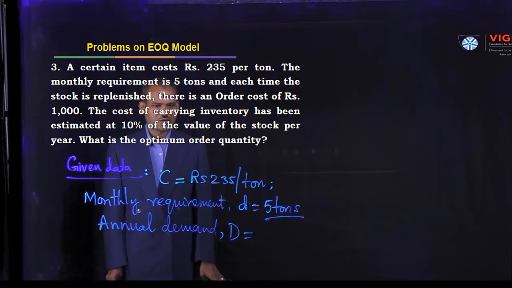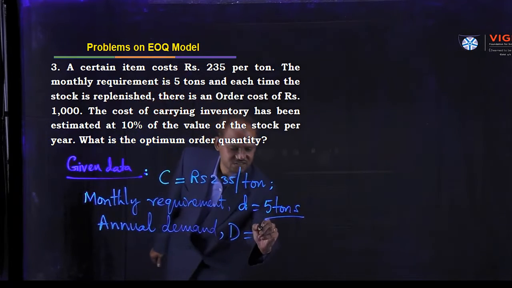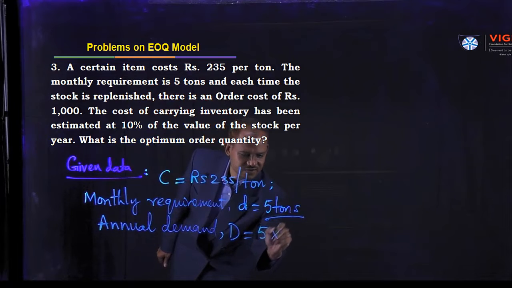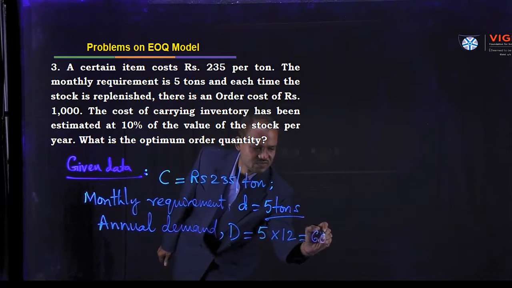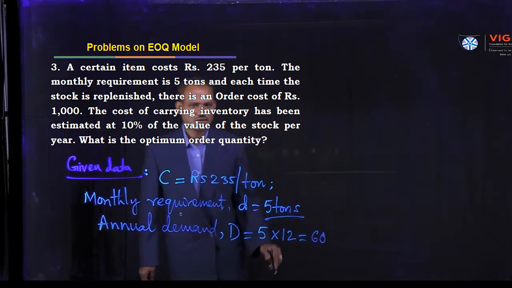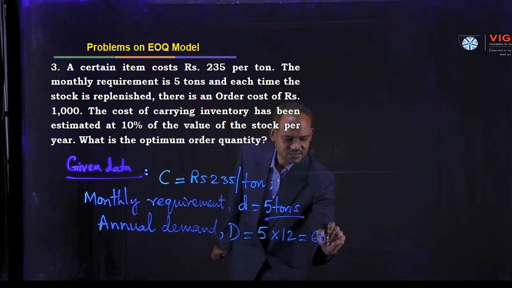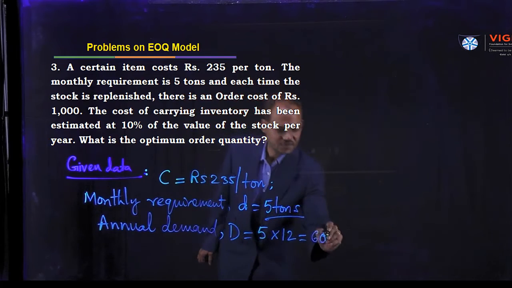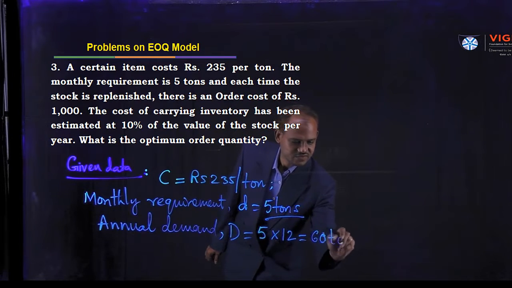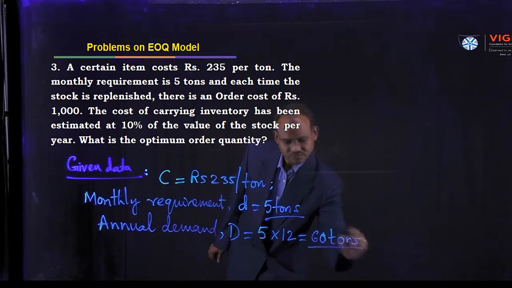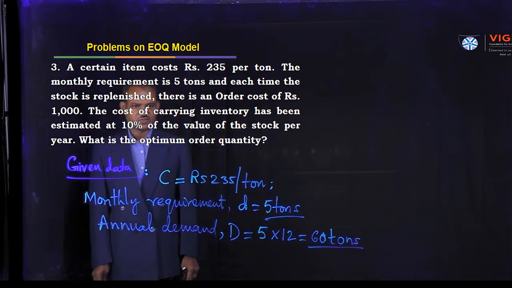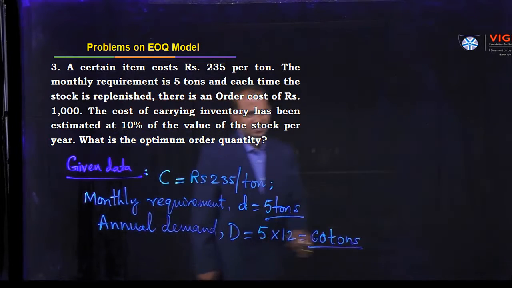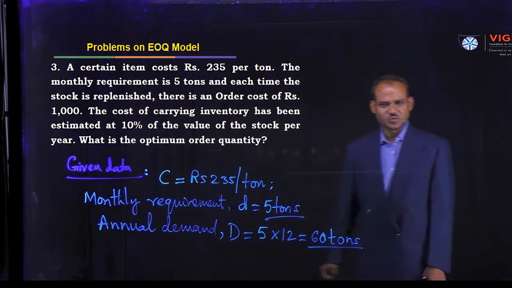That means 5 into 12, 5 12s, 60 tons. Annual requirement is 60 tons. Okay. Next, read some more information.